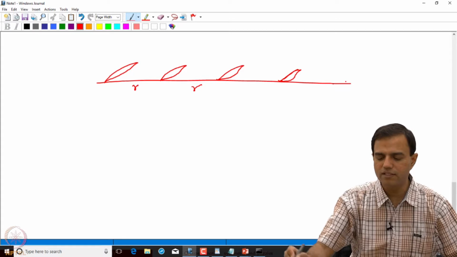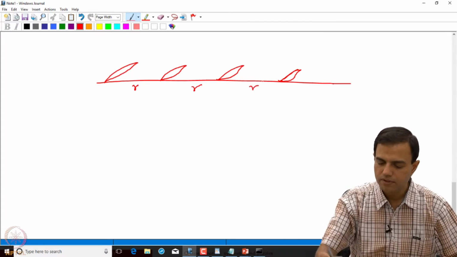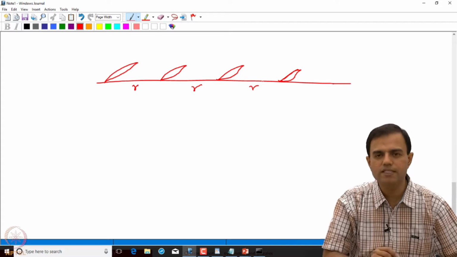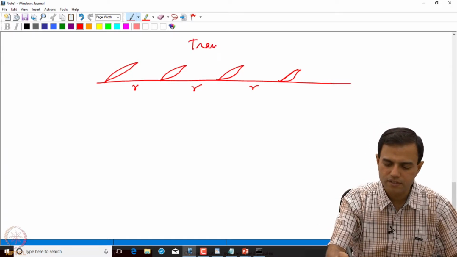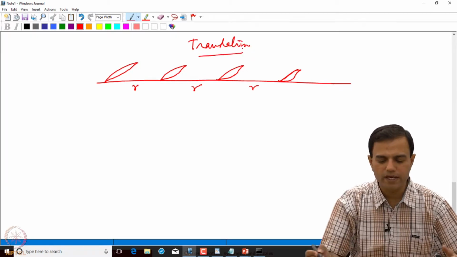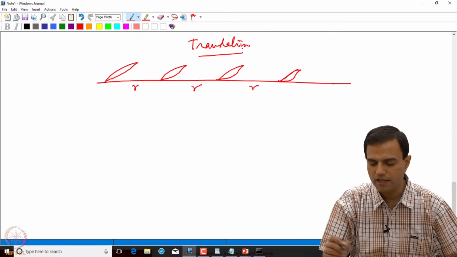So the same pattern is being passed on via distance r, that is translation. I can do translation by any distance r, any r.